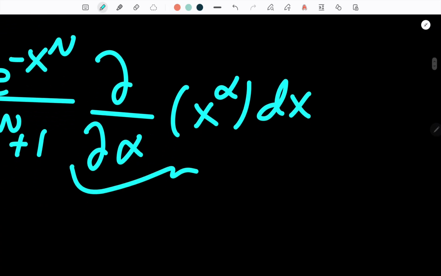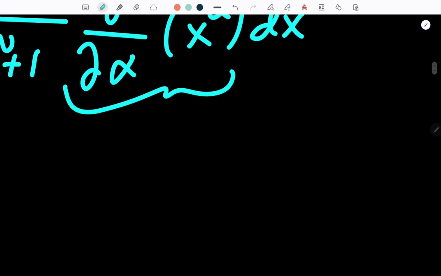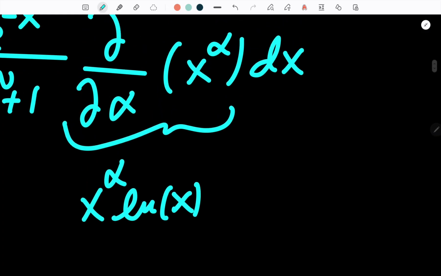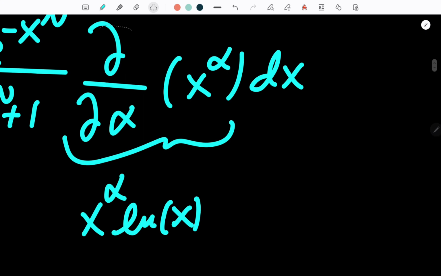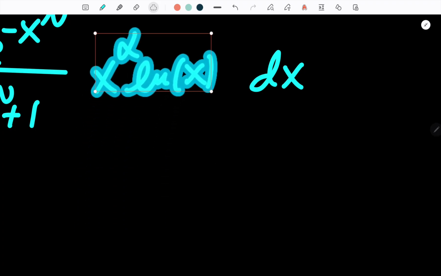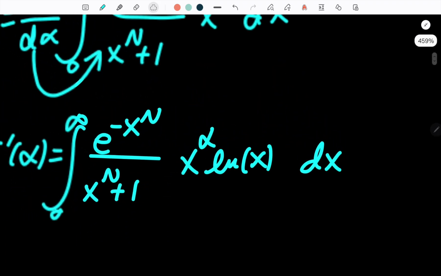Now, this derivative is very easy. This derivative is going to evaluate to x to the alpha times ln of x. All right, there we are. So if we replace this in our integrand, we have this.